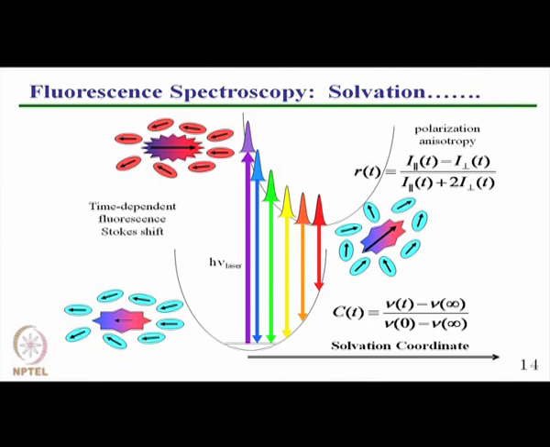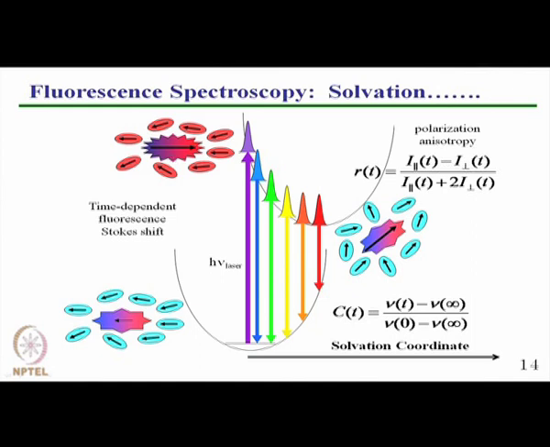So you shine with violet light or blue light, then it is progressively stabilized. Initially it is at some high energy level, and then as they progressively rotate, the overall energy changes. So this dipole is stabilized. So this electronic state is solvated. Solvated means it is energetically reduced.